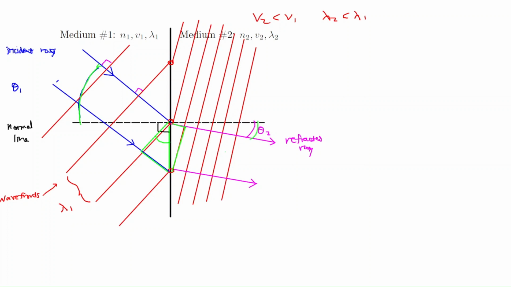And if this angle is theta 2, then so is that one. Another very important thing here is that these two triangles are both right triangles, and they share a common boundary along the boundary between the media. All right, so let's get those triangles sketched, and we should be able to finish this off.